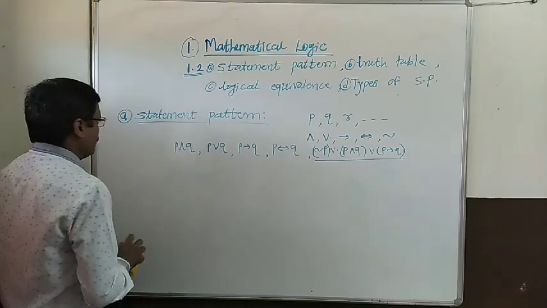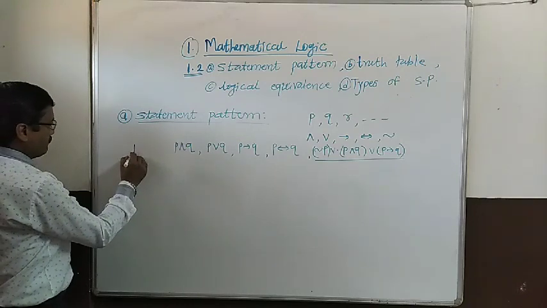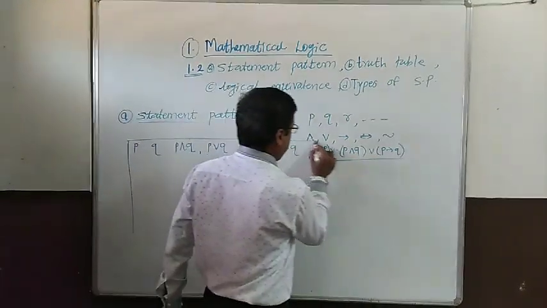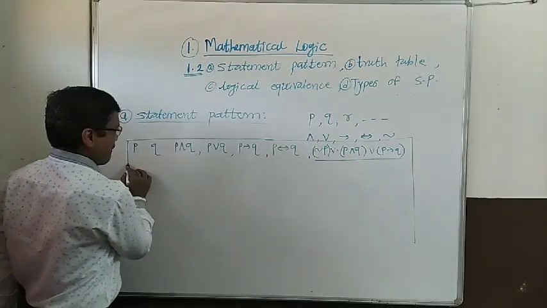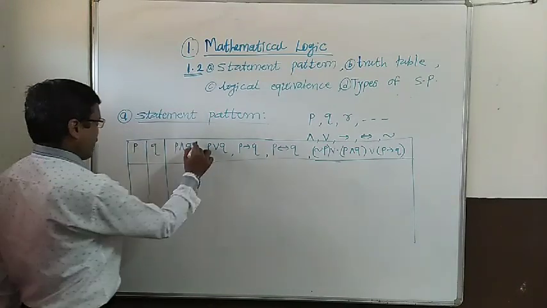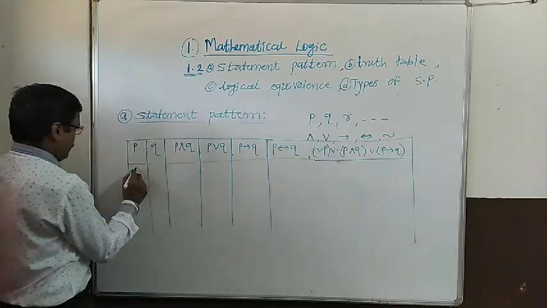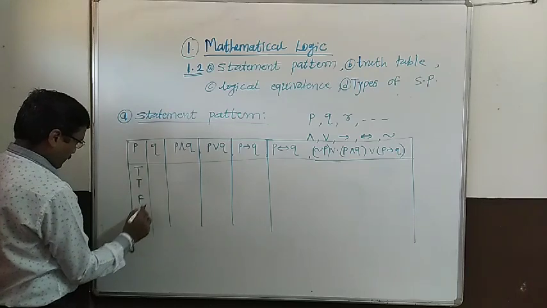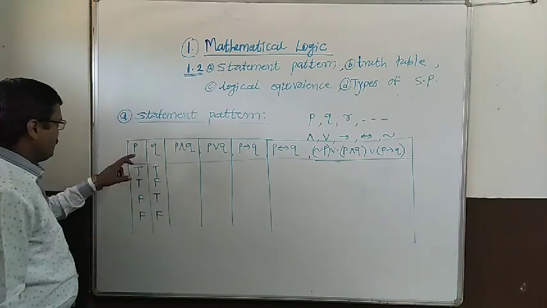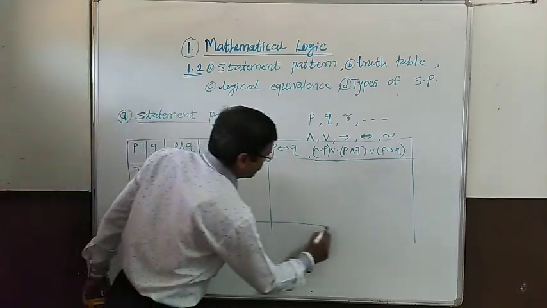Already we know that suppose here only two statements are there, so let us prepare the truth table of these statement patterns P, Q. We know the possible combinations of truth values of P and Q are TT, TF, FT, and FF. So we have only 4 combinations here.